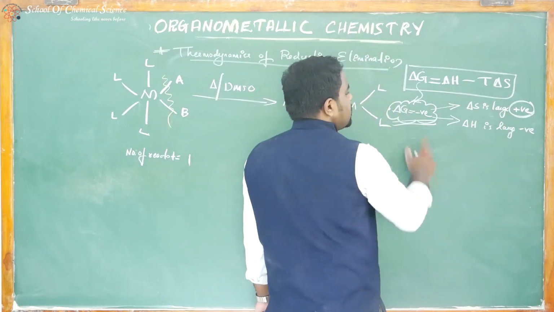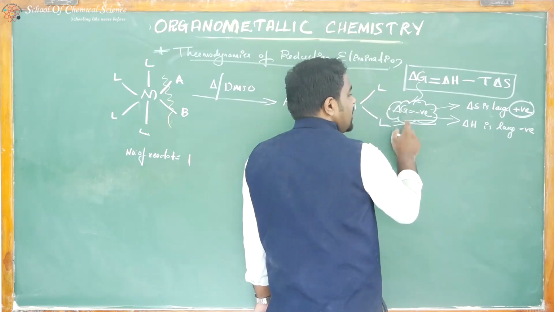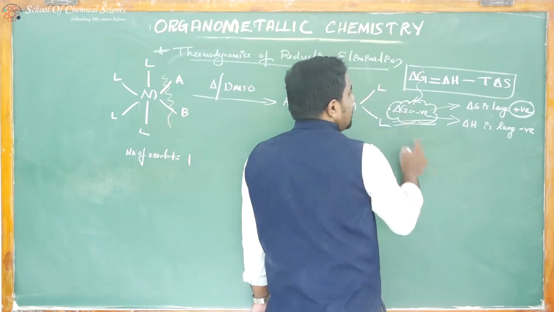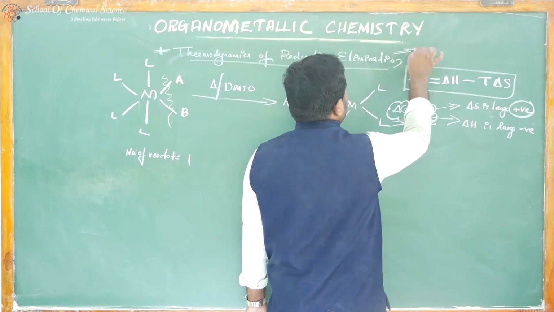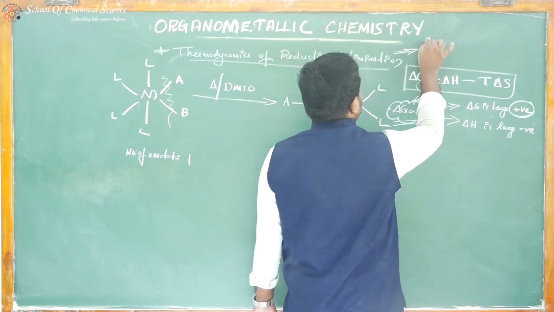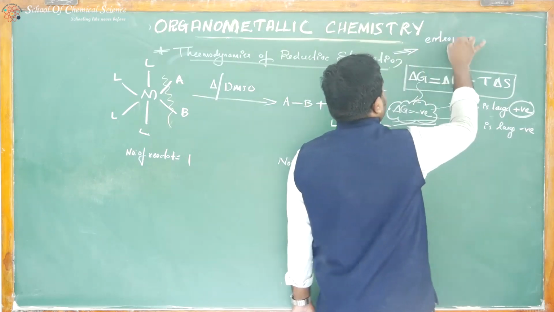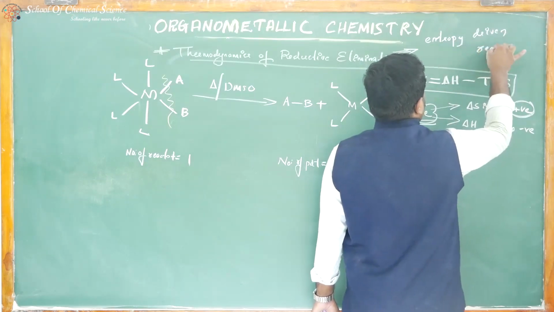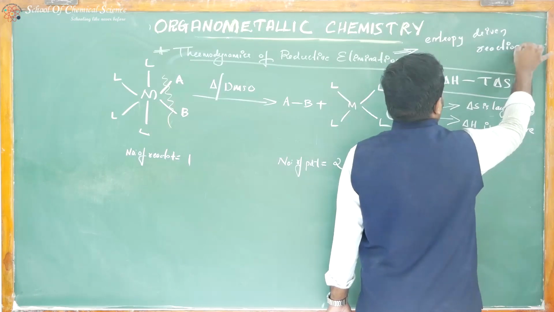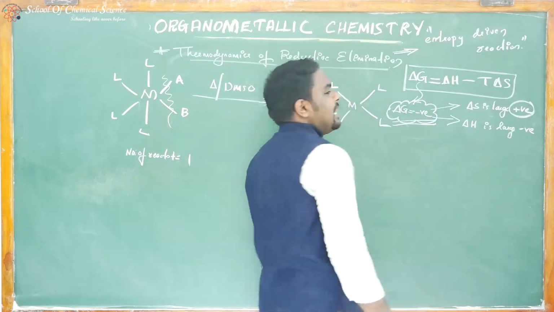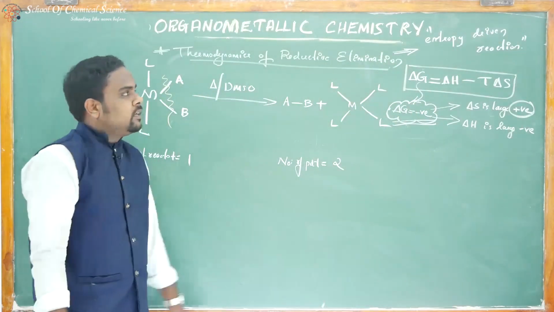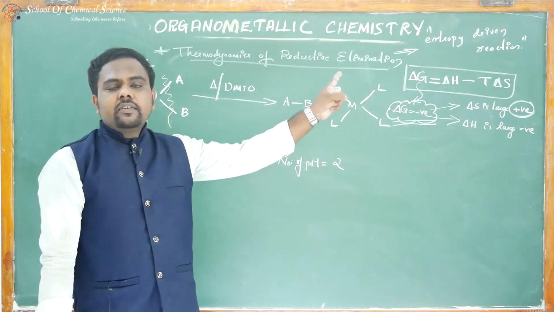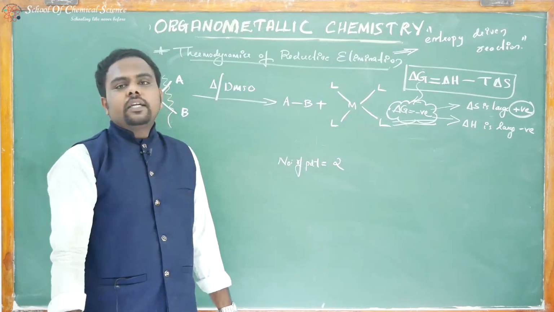Large positive means your reaction is thermodynamically favorable or feasible, or you can say that reductive elimination is an entropy driven reaction. But oxidative addition is an enthalpy driven reaction, whereas reductive elimination is an entropy driven reaction.